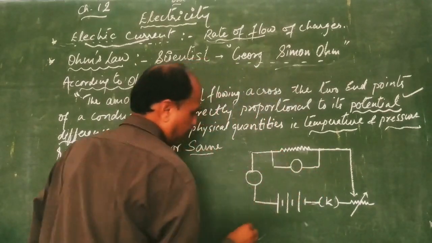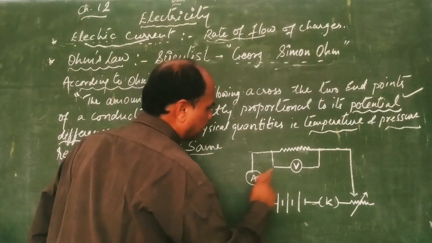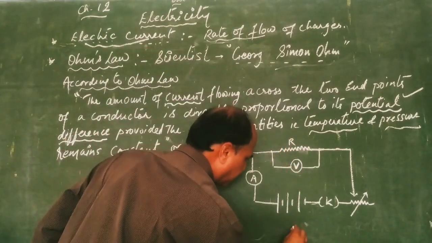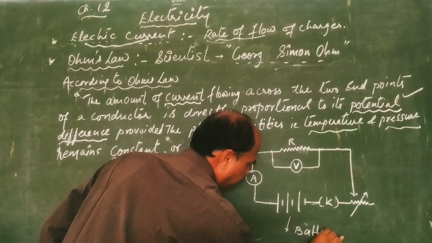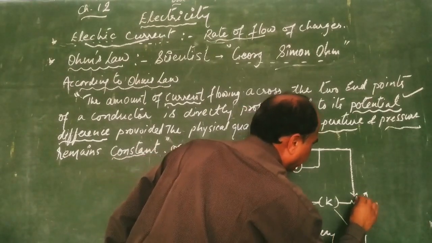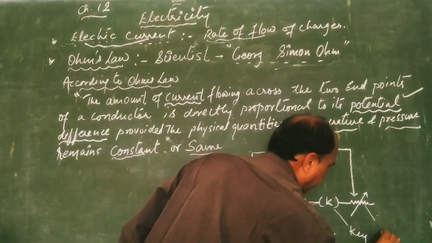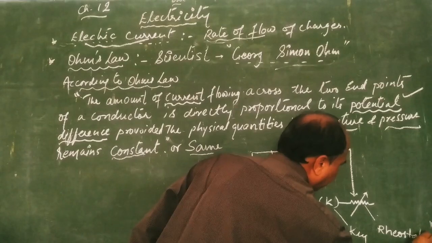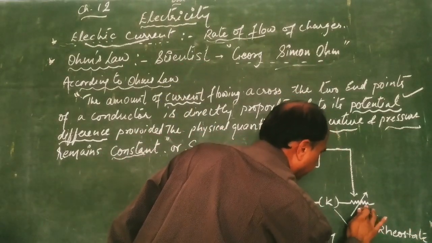Here we have taken an ammeter, a voltmeter, and R stands for the resistor. This is a battery, and a key or a plug or a switch. This arrow shown here represents a rheostat, represented as RH.